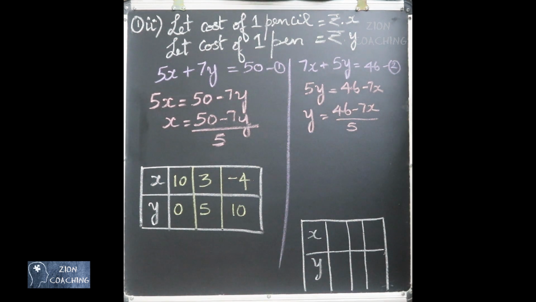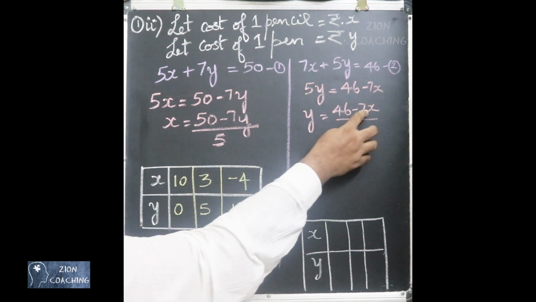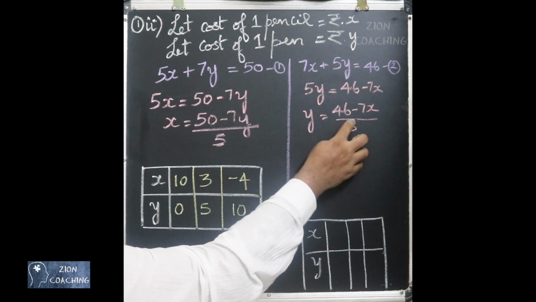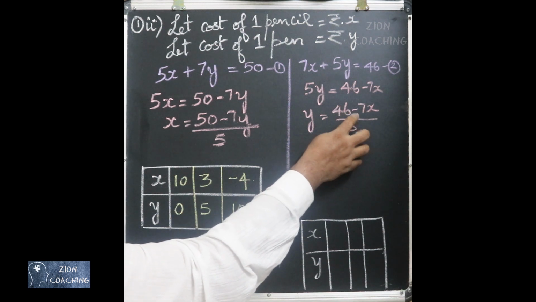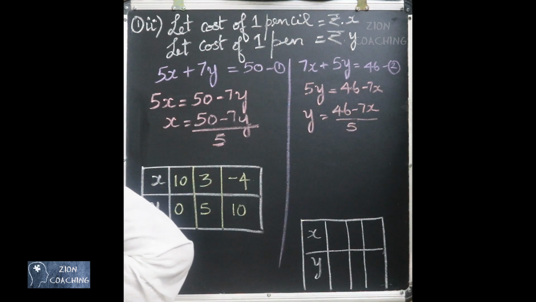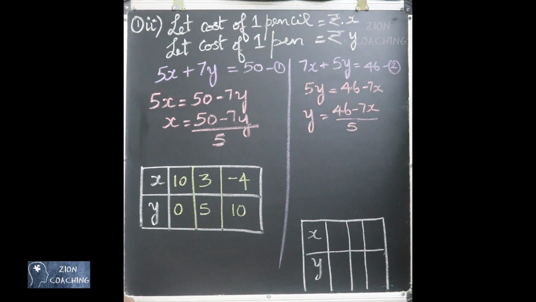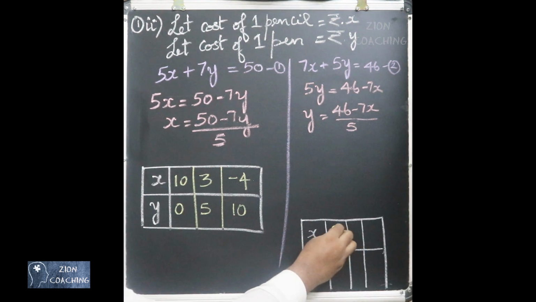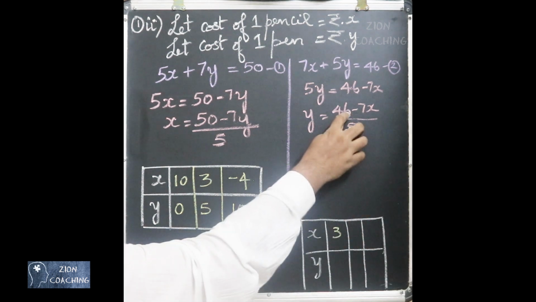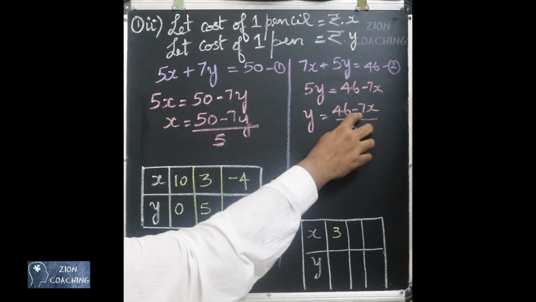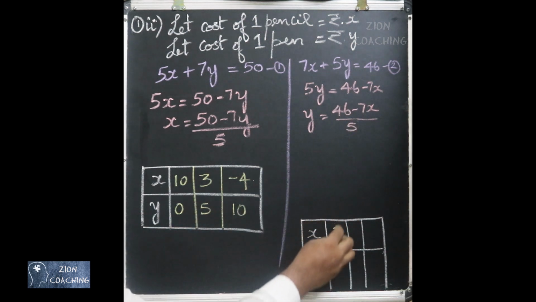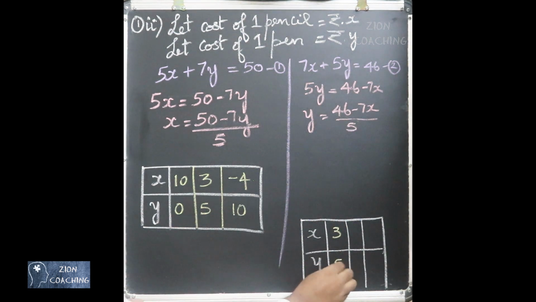Now we have to give values for X which after subtraction will be divisible by 5. When you give 1, the answer is not divisible by 5. When you give 2 also, it is not divisible by 5. But when you give 3, you can see that 46 minus 21 is 25. 25 divided by 5 is 5.